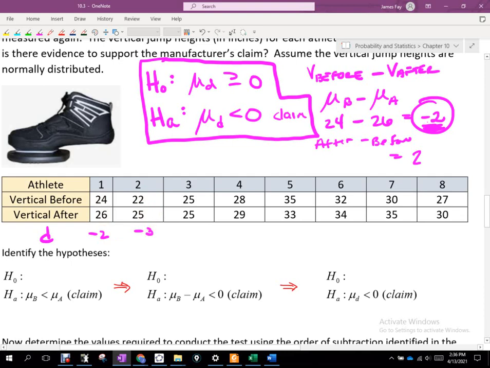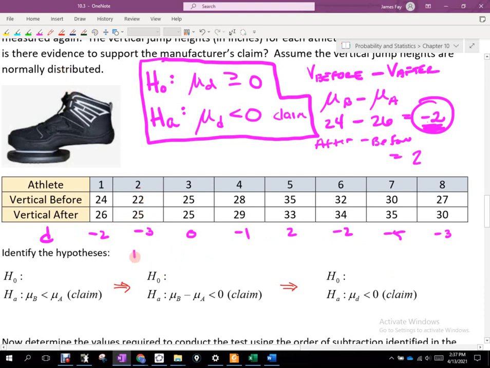This gives me negative 3, 0, negative 1, 2, negative 2, negative 5, negative 3. Okay? So that is our set of differences.